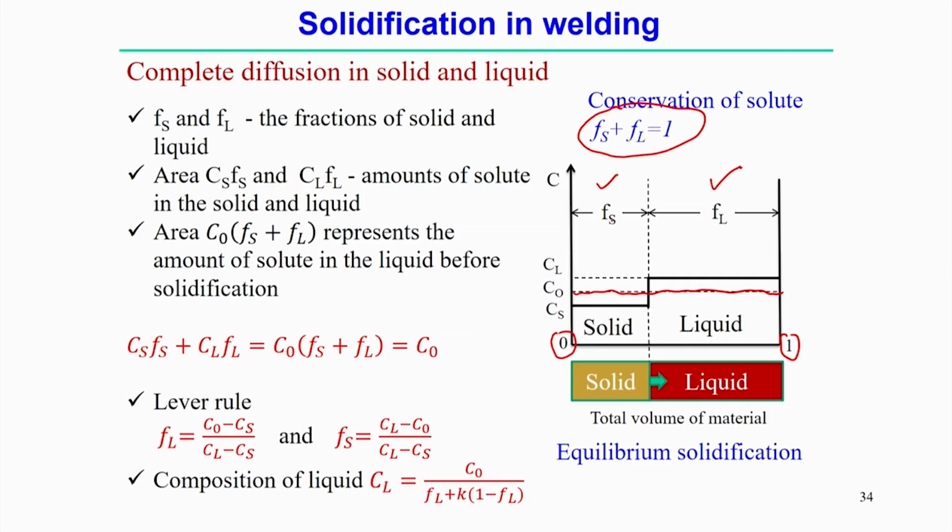Now, here at any point, this is the Cl, the liquid content, and this is the solid content, that means the concentration of the liquid phase and the concentration of the solid phase. Now, Fs into Cs and Fl into Cl represent the amount of solute in the solid and the liquid phase.